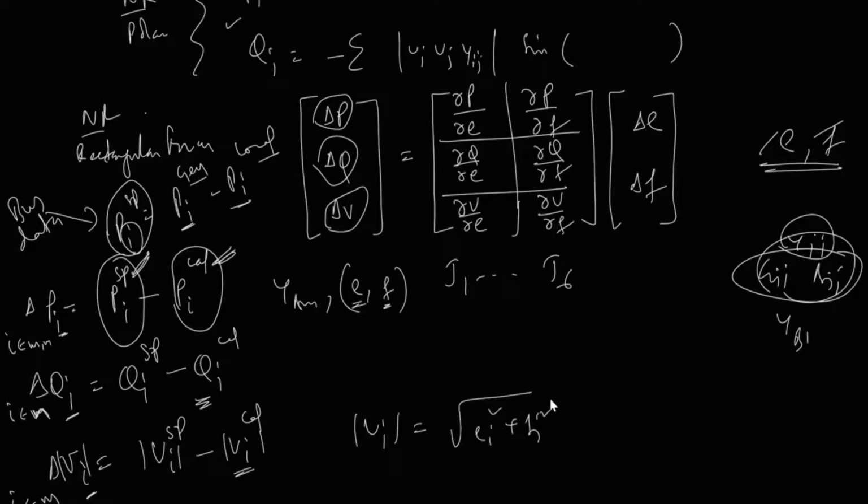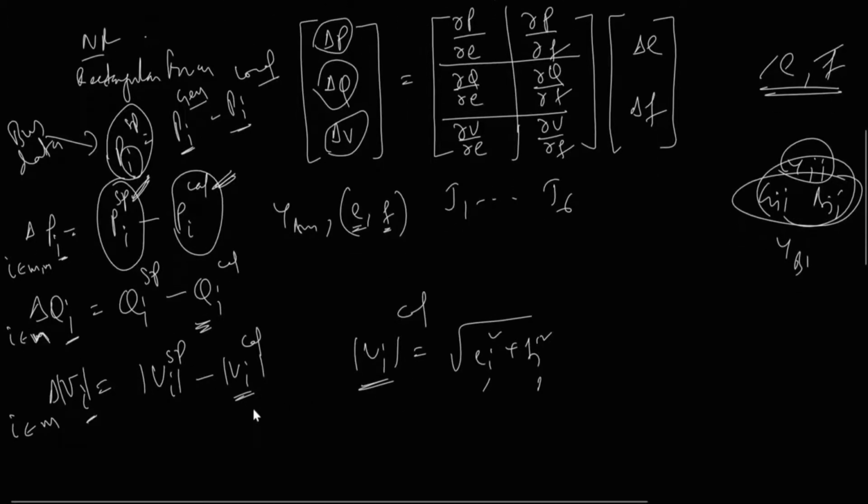Since we know the real and imaginary parts, I can find out the corresponding magnitude. So this is a calculated value, and I compare this calculated value with the specified value and take the difference, and I form the mismatch vector first.